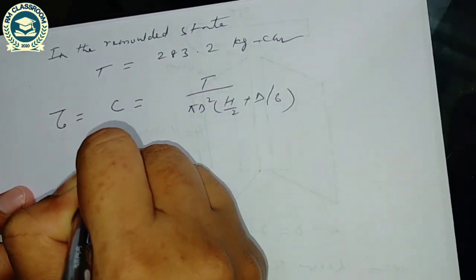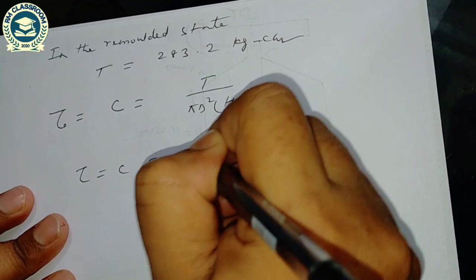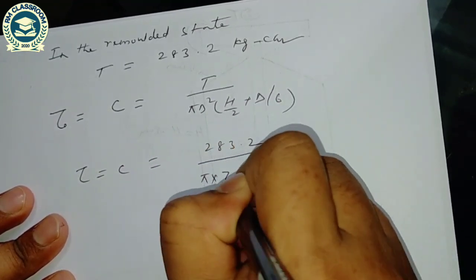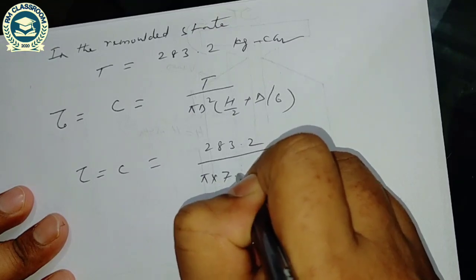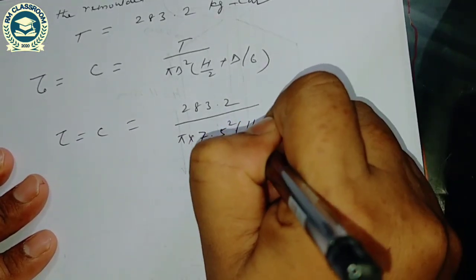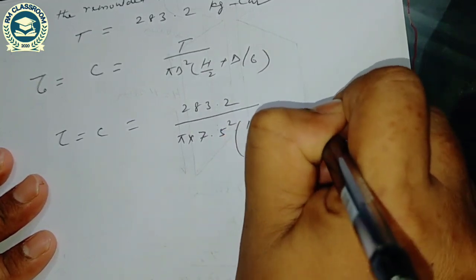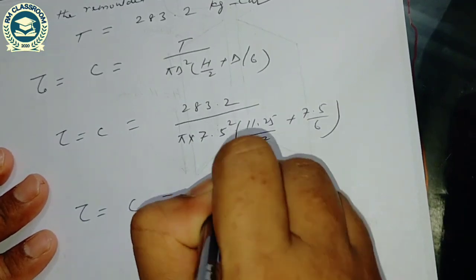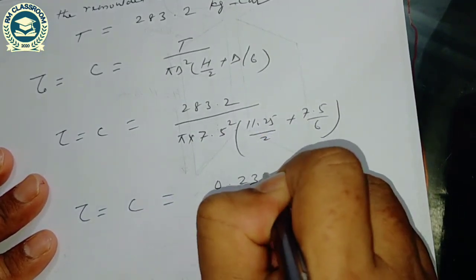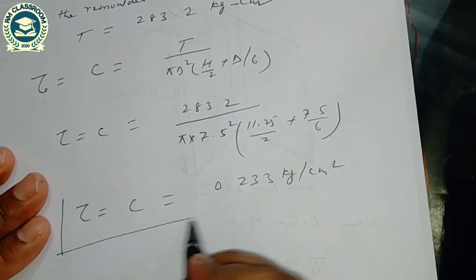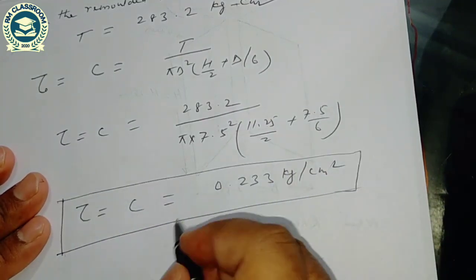So tau is equal to C is equal to 283.2 divided by pi into 7.5 whole square. h is 11.25 divided by 2 plus 7.5 divided by 6. So tau is equal to C is equal to 0.233 kg per centimeter square, and this is in remoulded state.